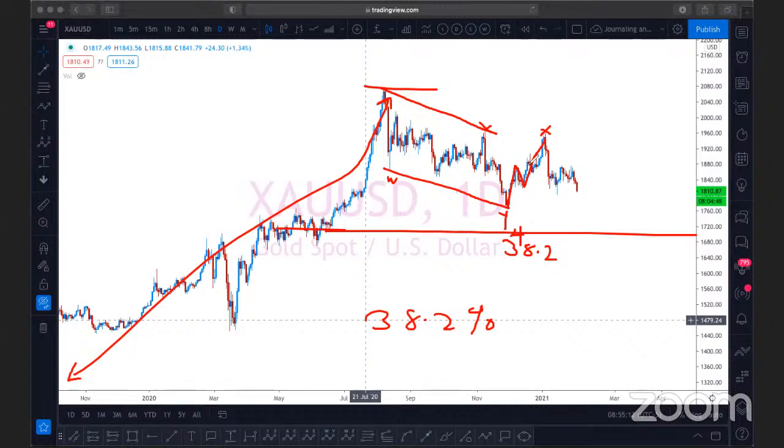So if this is the X wave, then we should be looking now at a WXYXZ. This movement down here would be the impulse of A, this movement in here the B wave, impulse and correction, sorry, and we should be looking now for a C wave impulse to finish off wave Z.